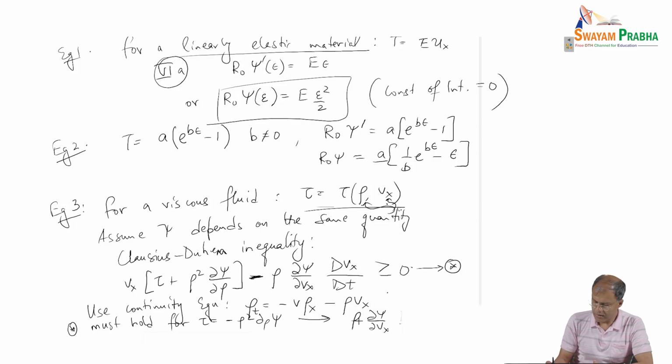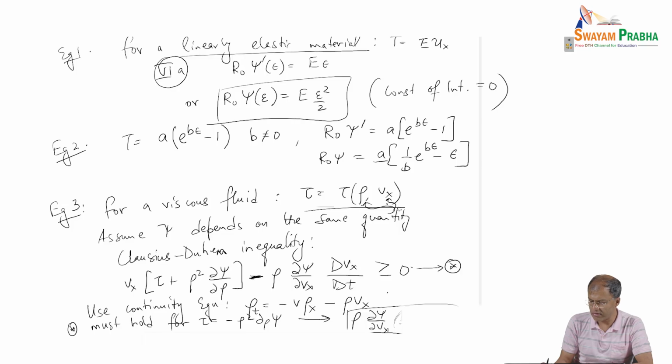Okay. So we get to this form of the inequality from the Clausius-Duhem case. Now notice that this material derivative dVx/dt must either be less than 0, or it can change sign.